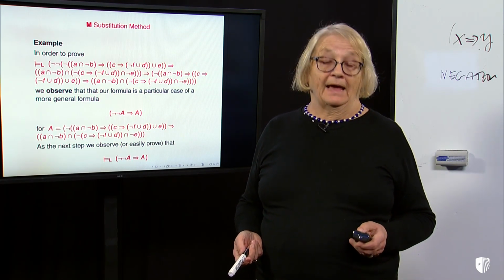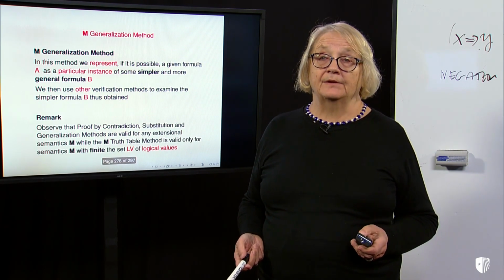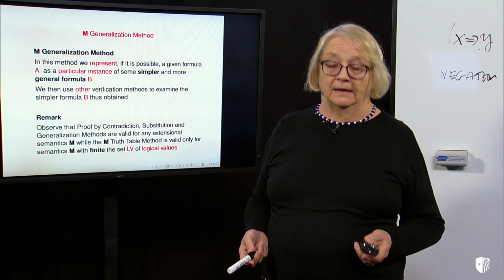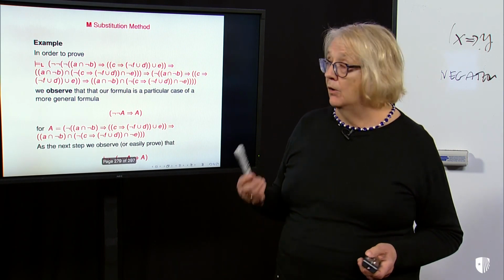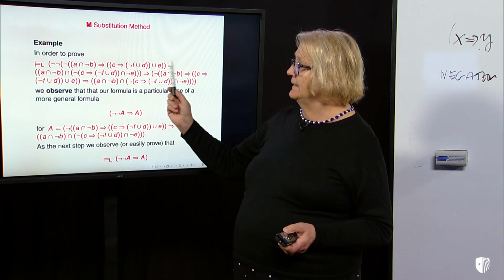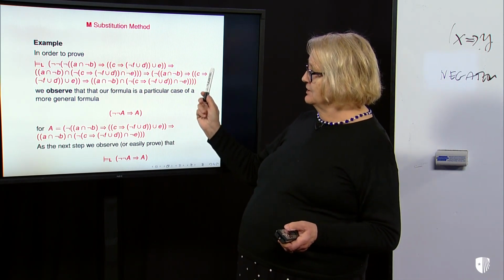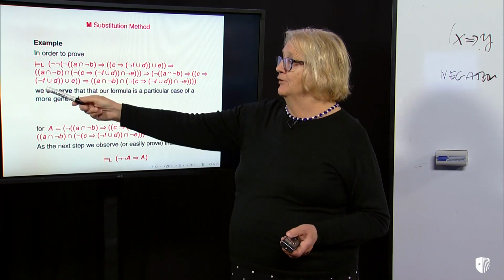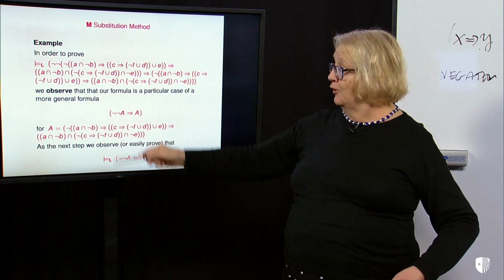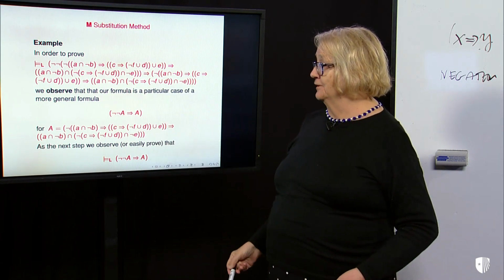And then you have equivalence, right? So you can also, remember we had this, you have such a formula in a logic. Is this a tautology in our L logic?